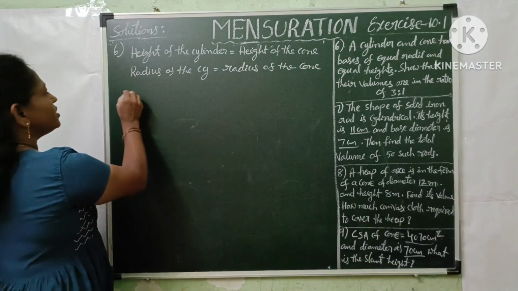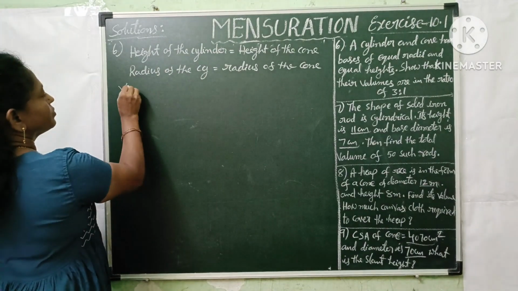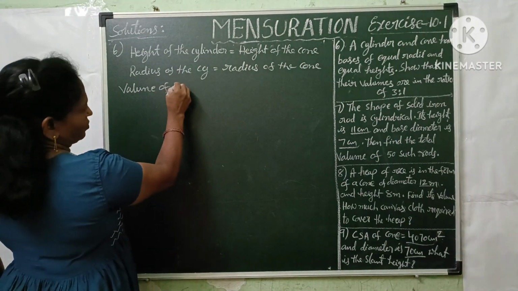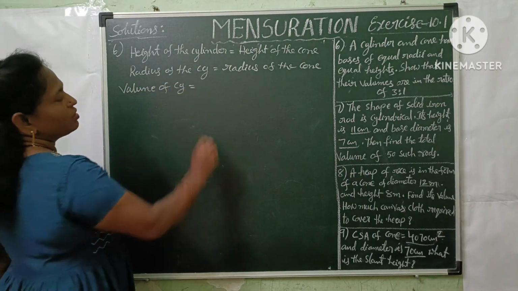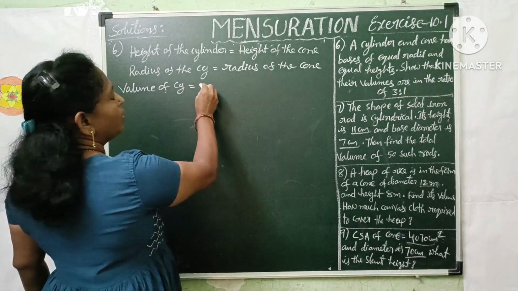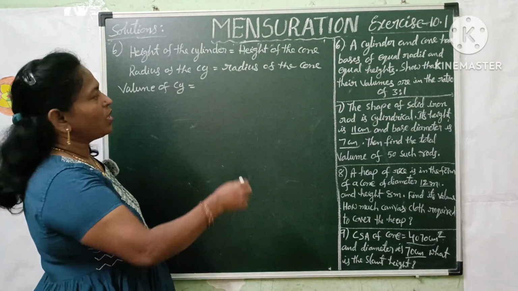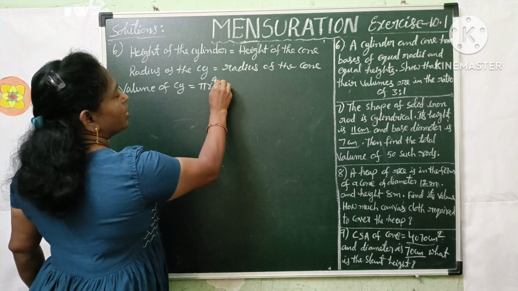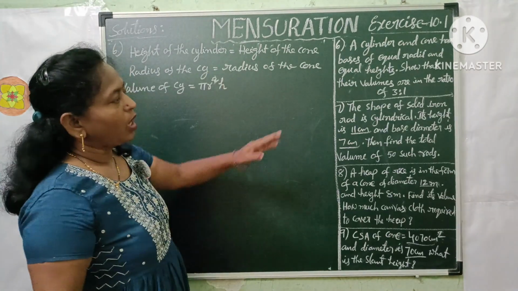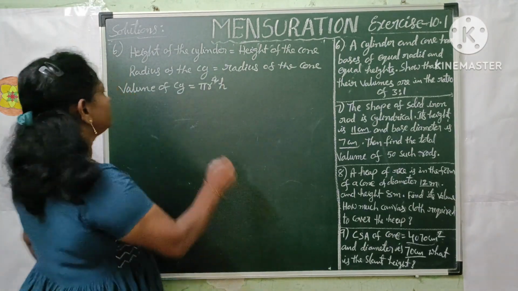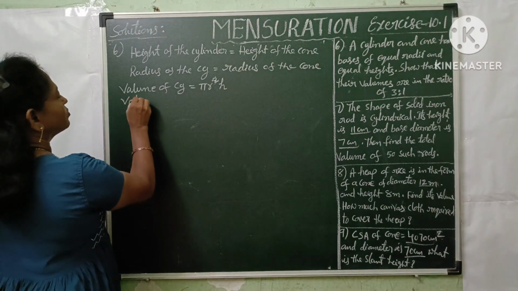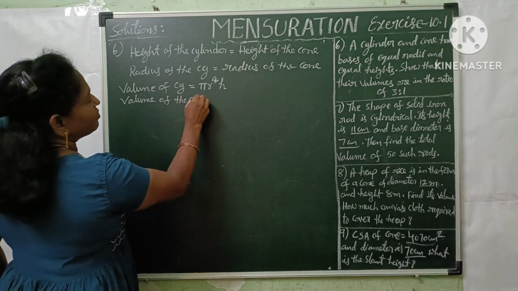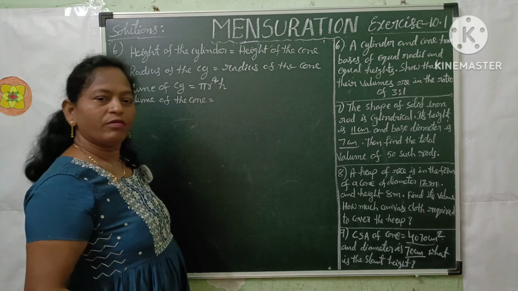So the volume of the cylinder: what is the volume of a cylinder? Base area into height, no? So pi r square h. And the volume of the cone is equal to 1/3 of the volume of the cylinder.